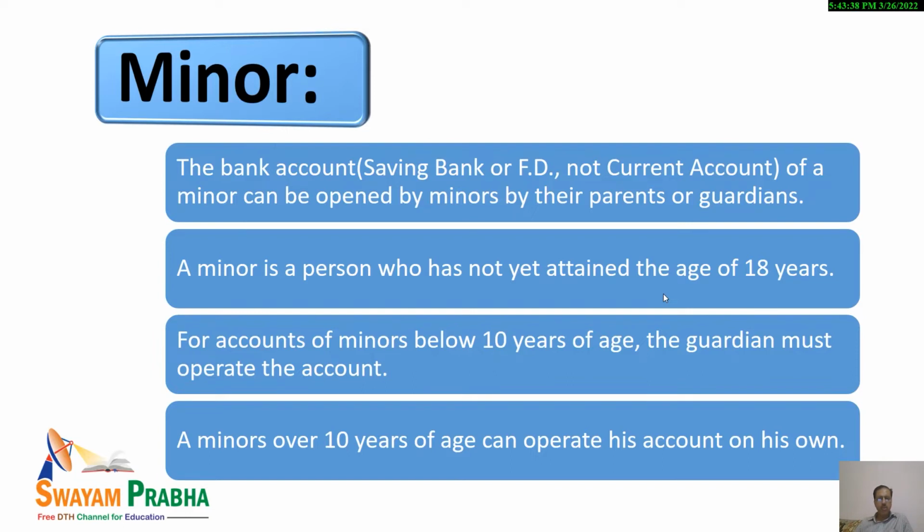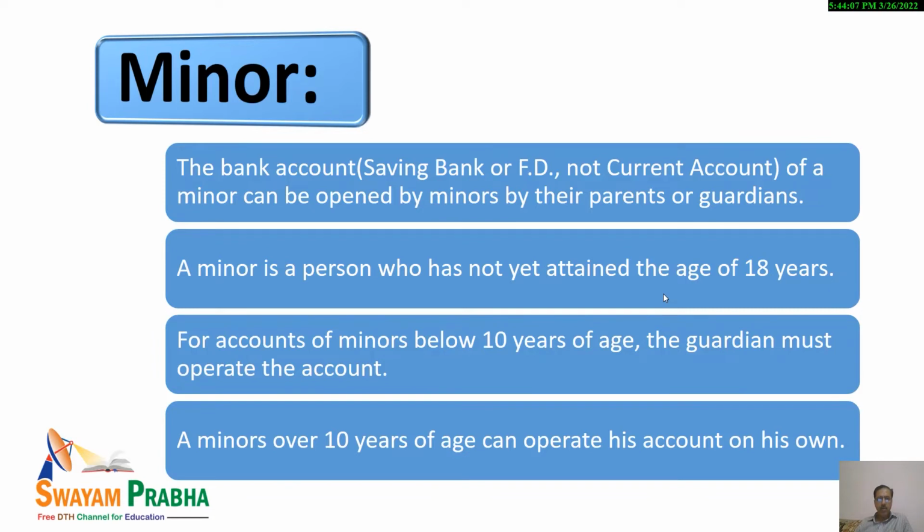A saving bank account or FD account can be opened by the minor, but through their parents or guardians, natural guardian, guardian appointed by court, or any other category of guardian. So one thing you should keep in mind is that a minor is a person who has not yet attained the age of 18 years. He or she may open a saving bank or FD account, not a current account.